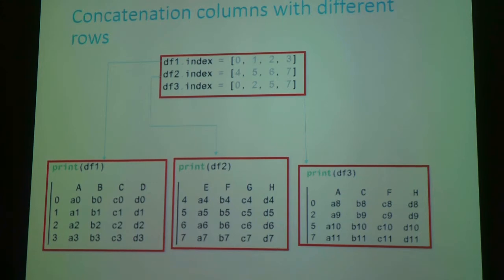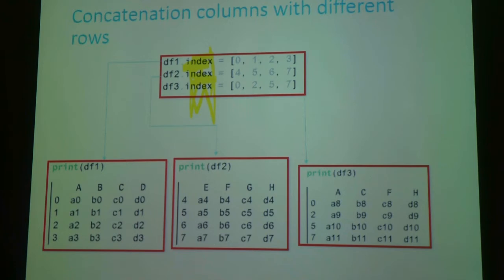Alright, we could do the same thing with the rows. So in here we changed the indices. The first data frame has indices 0, 1, 2, 3. The second one, 4, 5, 6, 7. The third one is 0, 2, 5, 7. So that's the final look.